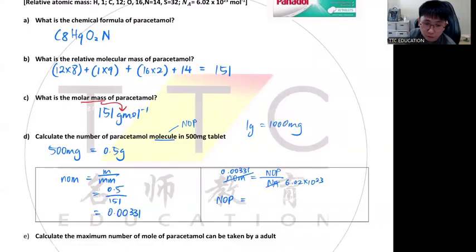So 0.00331 multiply 6.02 times 10 to the power of 23. What do you all get? Give me your answer.